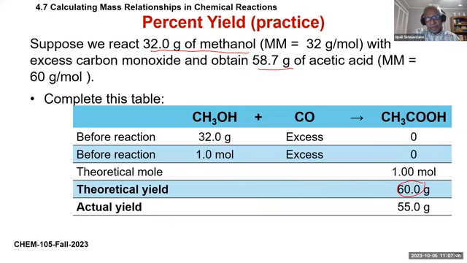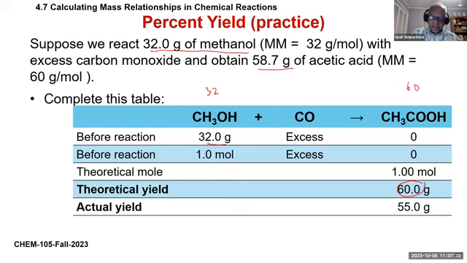You calculate from 32. Formula mass of methanol is 32. Formula mass of acetic acid is 60.